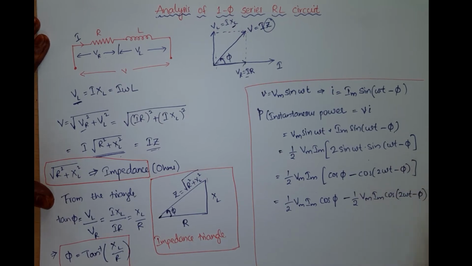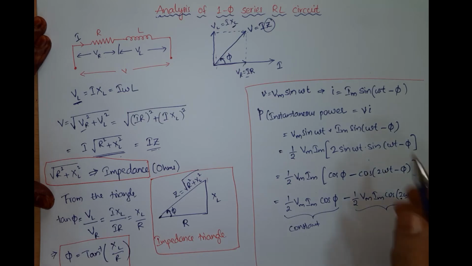Right? So if you observe, there is a constant term. See, this is a constant term. But here, if you observe, there is a variable. What is that? Omega is 2 pi f, f is a variable, right? So previously it was oscillating at omega t, but now it oscillates at double the frequency, 2 pi f t.